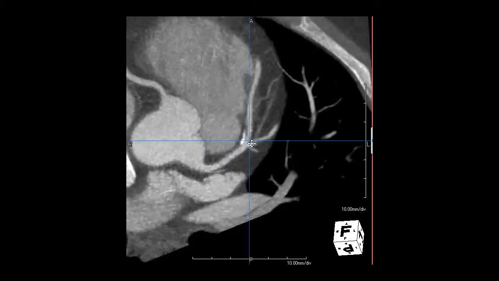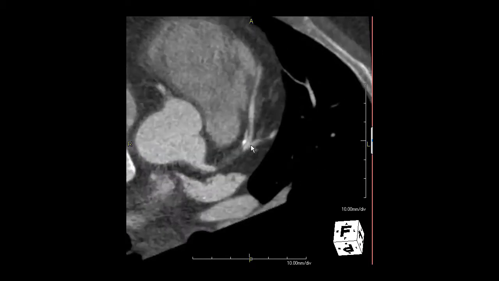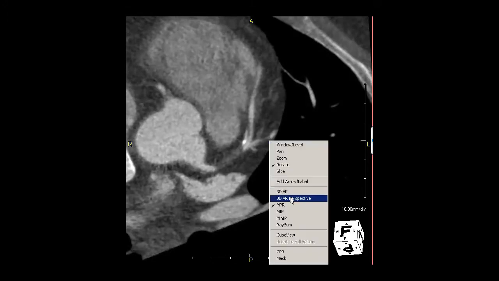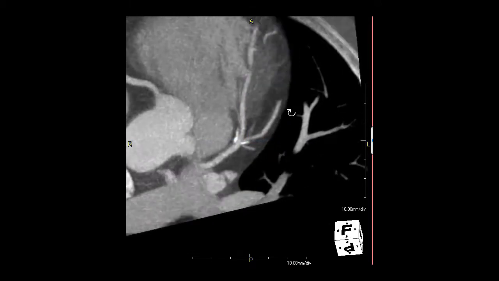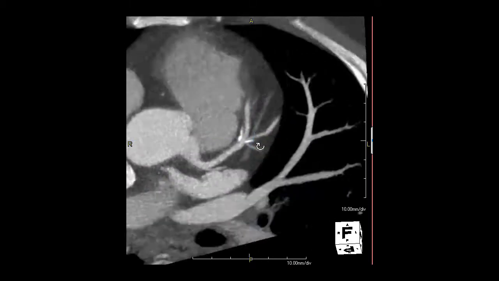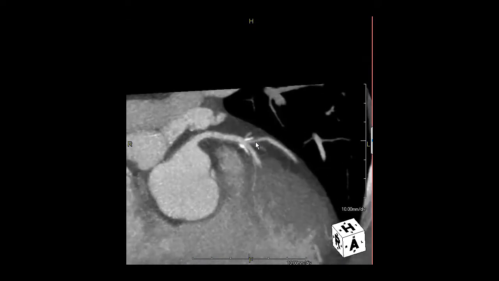This is sort of equivocal for obstructive disease. If you look at it in an MPR view, there's really no clear evidence that this particular lesion represents obstructive disease. However, in the adjacent diagonal branch, over here, we can rotate around, and this is of concern.